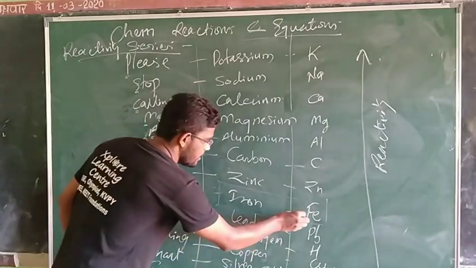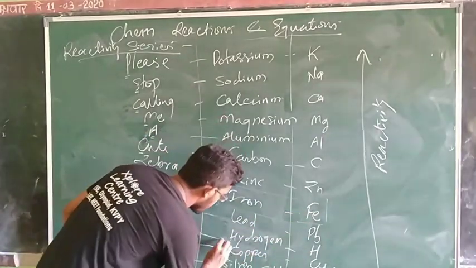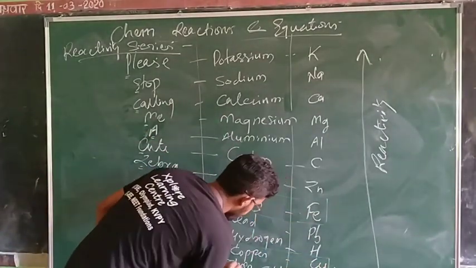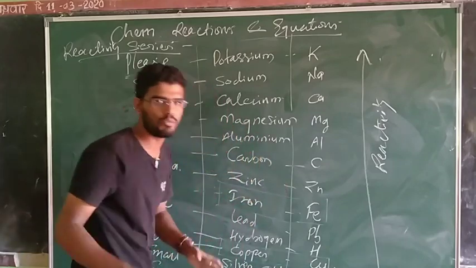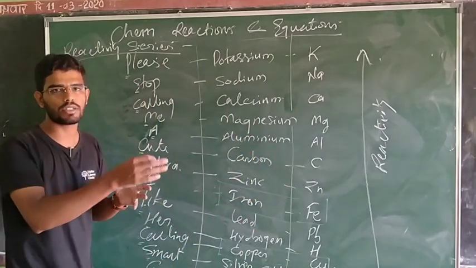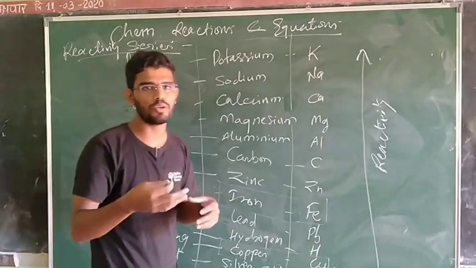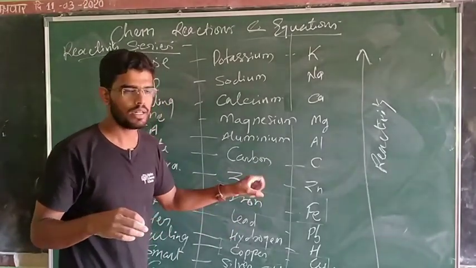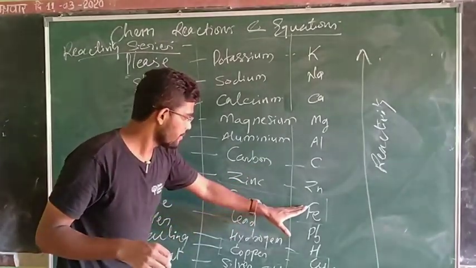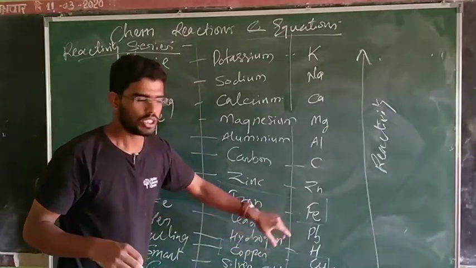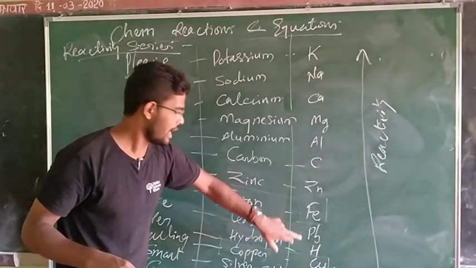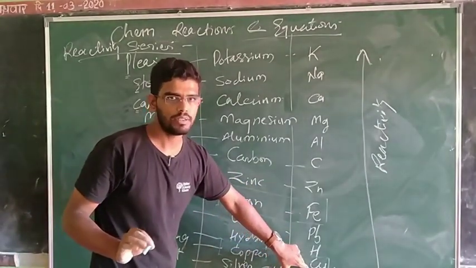Because iron lies above the copper and copper lies here. See the chart. Now you will be able to connect the dots. You can link things when you look at the chart. Iron lies above copper, so iron is more reactive as compared to copper, right?